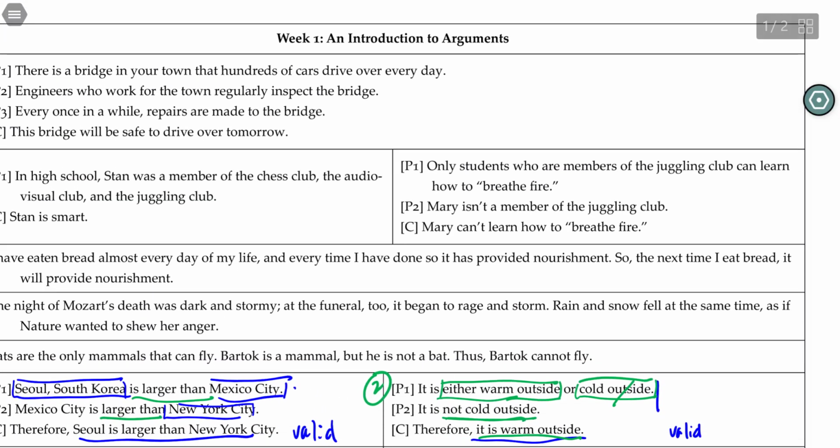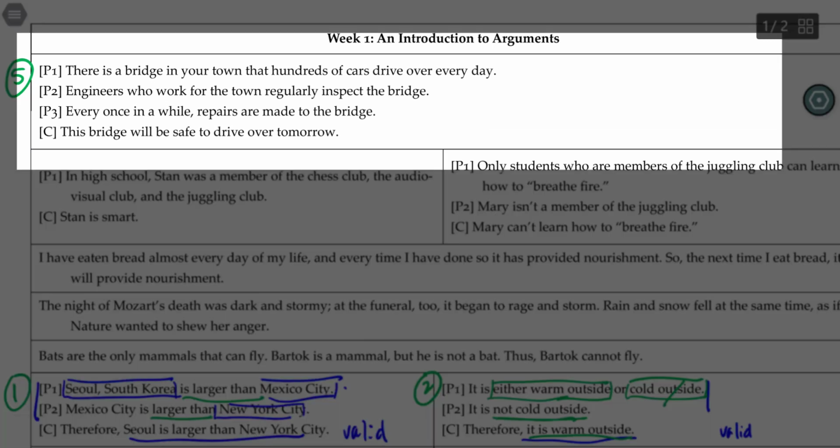All right, let's go up to this one. Here we have 3 premises. Premise 1, there is a bridge in your town that hundreds of cars drive over every day. Engineers who work for the town regularly inspect the bridge. Every once in a while, repairs are made to the bridge. Therefore, this bridge will be safe to drive over tomorrow.